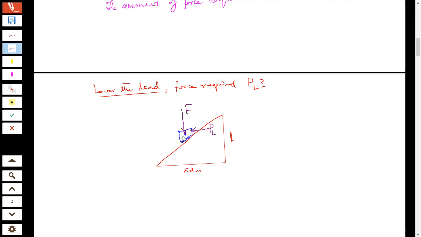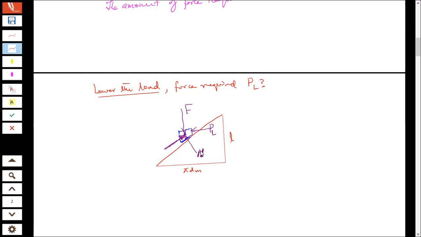But in this case, I'm going to face a frictional force, or friction from downwards. I'll still have my N, which is the normal to the inclined plane.